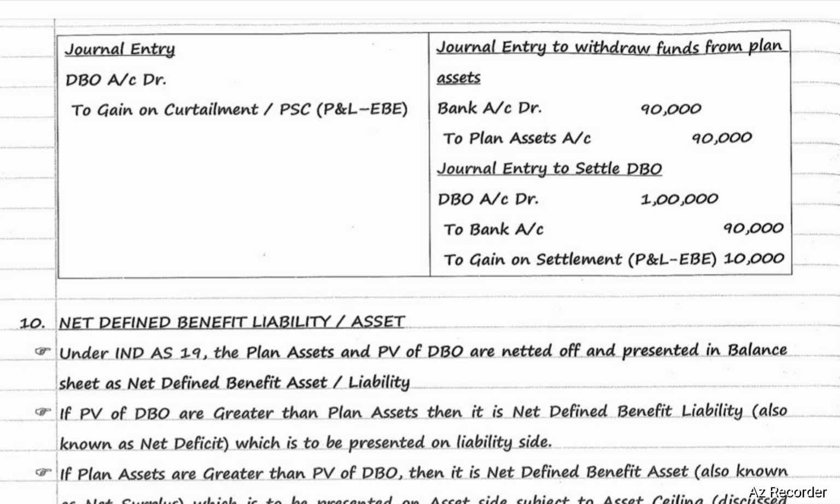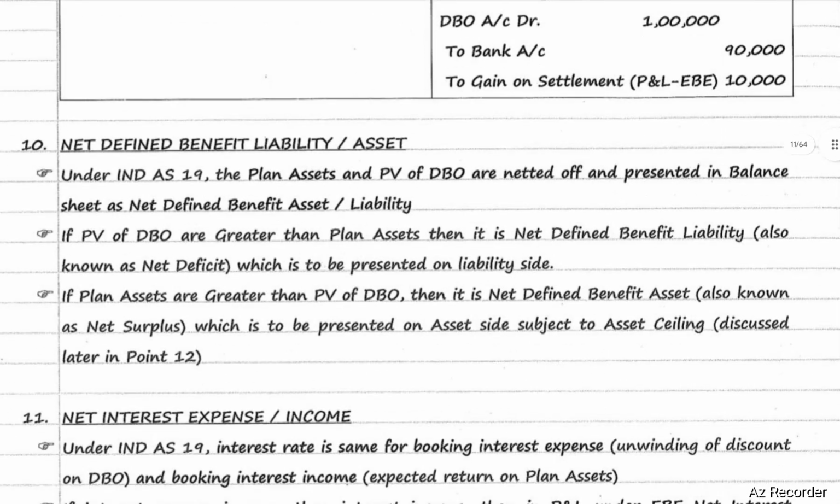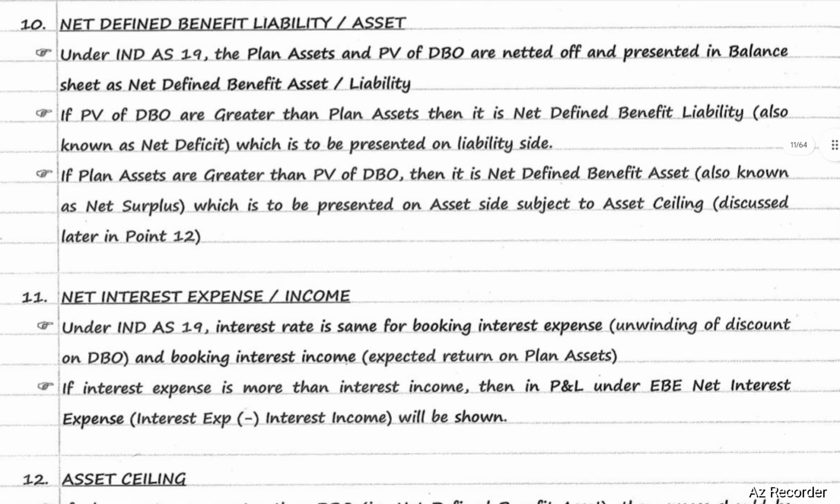Journal entry to settle defined benefit obligation: defined benefit obligation 1 lakh to bank account 90,000 to gain on settlement 10,000. Gain on settlement will be transferred to P&L as employee benefit expense. Next, net defined benefit liability or asset.